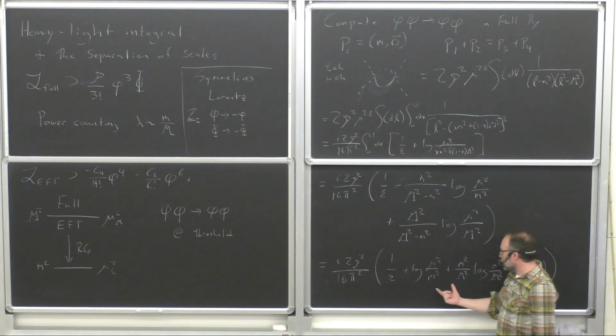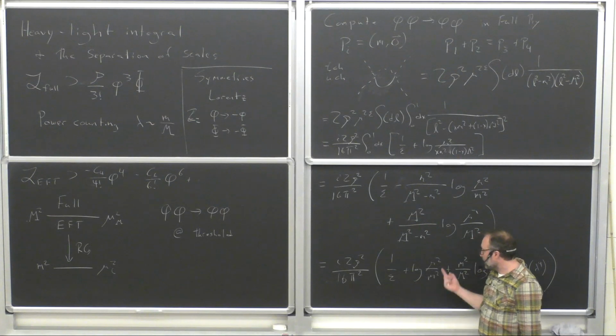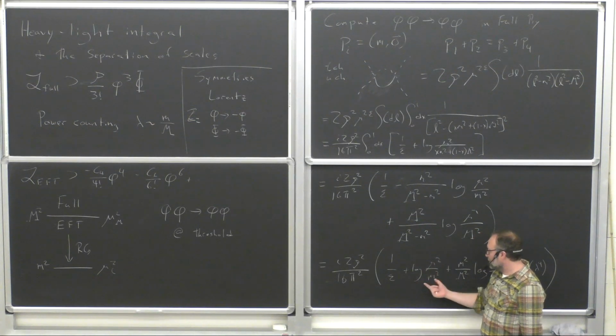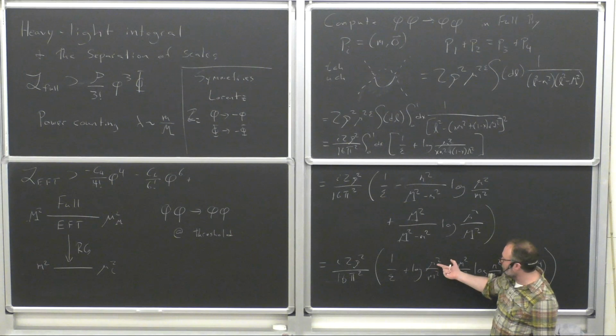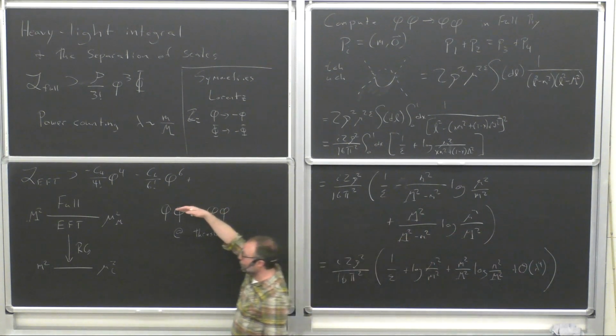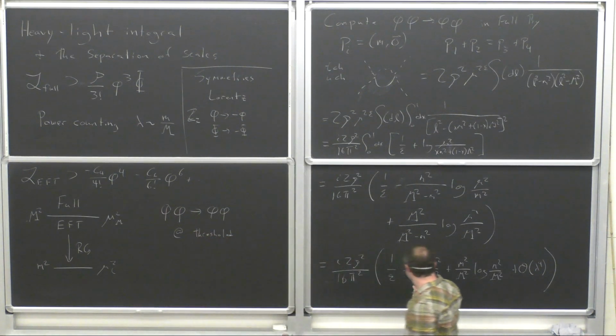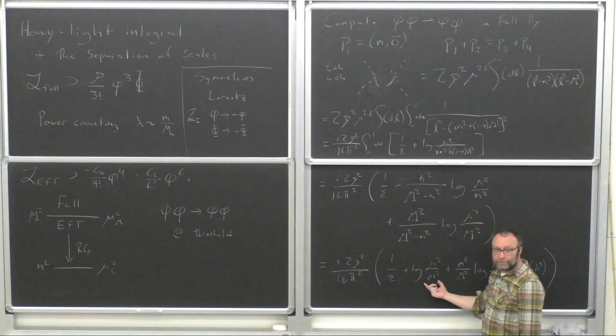But notice here we get a log that potentially could spoil perturbation theory. We should be thinking about this mu. We're computing in the full theory, so we should think about the mu way up here. So there's something non-trivial happening here we're going to have to account for.